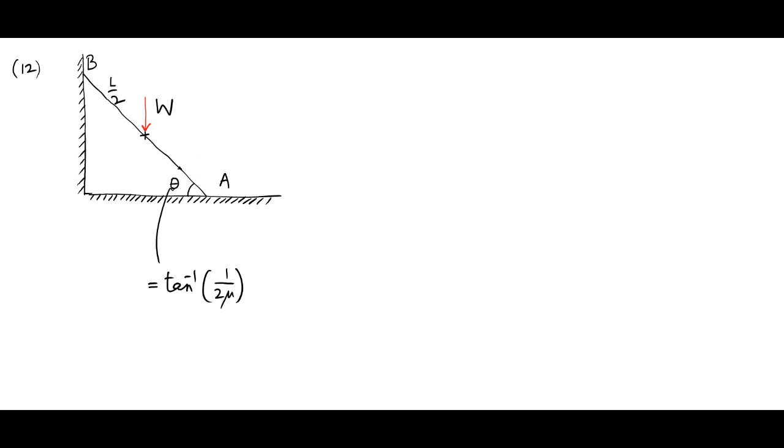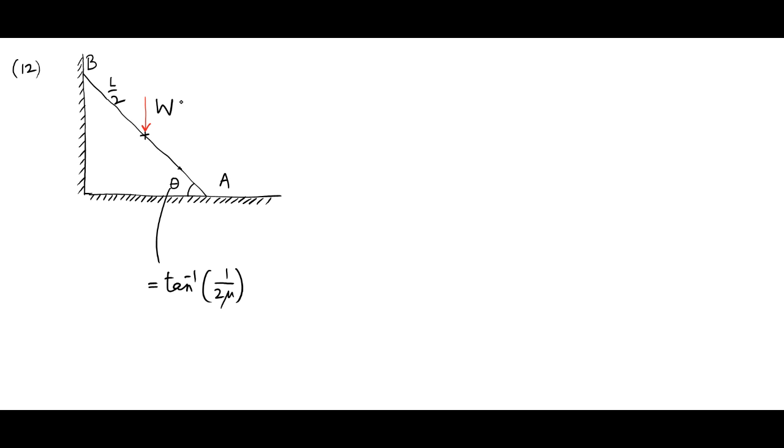So once again note, theta is not changing in this problem. It is tan inverse 1 upon 2 mu, where mu is the static friction coefficient between the ladder and the floor. So that's fixed. So what is changing is the fact that the man is climbing up, so his distance from point A is changing. So let's assume that finally the comfortable static equilibrium of the system changes into limiting static equilibrium.